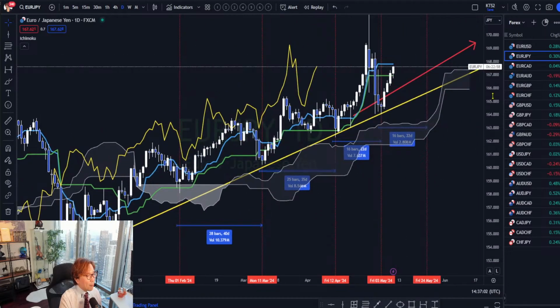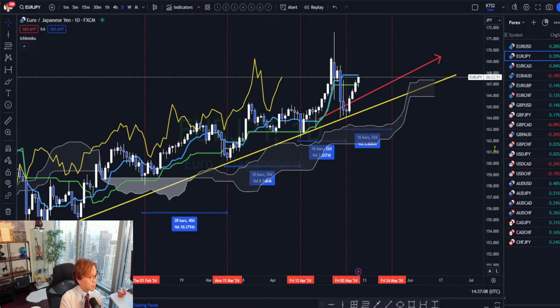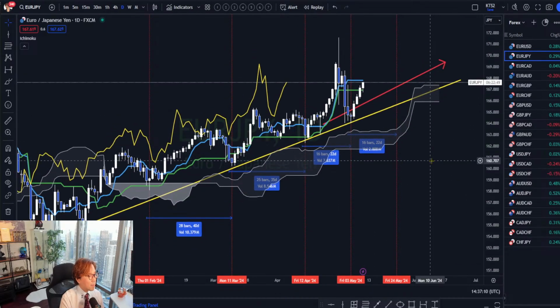So yeah, that was kind of an introduction of how you can do the time cycles. But sometimes you don't see the Kihon-sui in the swing lows and swing highs. In that case, you can use what we call Taito-sui, which I also introduced in one of the videos. Taito-sui means the same number of candles between swing lows and swing highs.